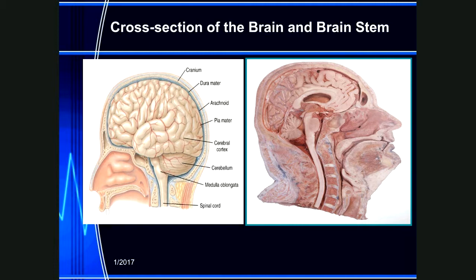So if the medulla oblongata is damaged, it's going to affect the heartbeat and breathing. So it's pretty important. From the medulla oblongata, the spinal cord continues on down through the foramen magnum, down into the spinal column.